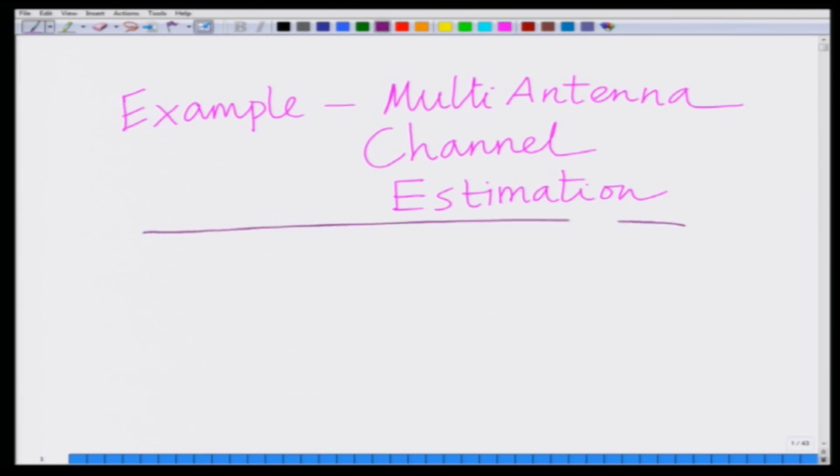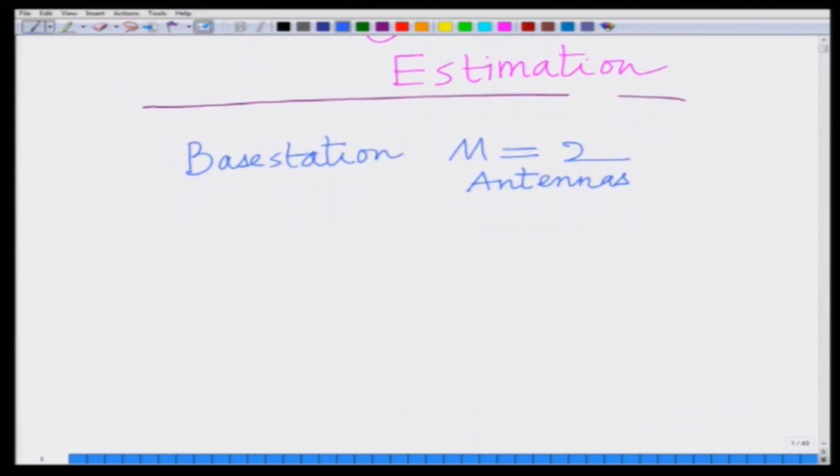So we want to consider a base station. Remember, we are considering a downlink scenario in which the base station is transmitting to the mobile. So the base station has M equal to 2 antennas, which means there are going to be 2 coefficients or unknown parameters, and the mobile has a single antenna.